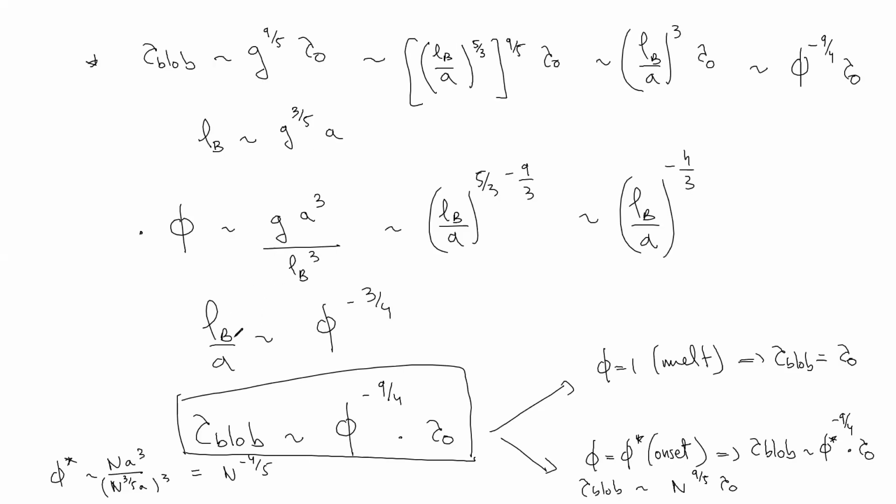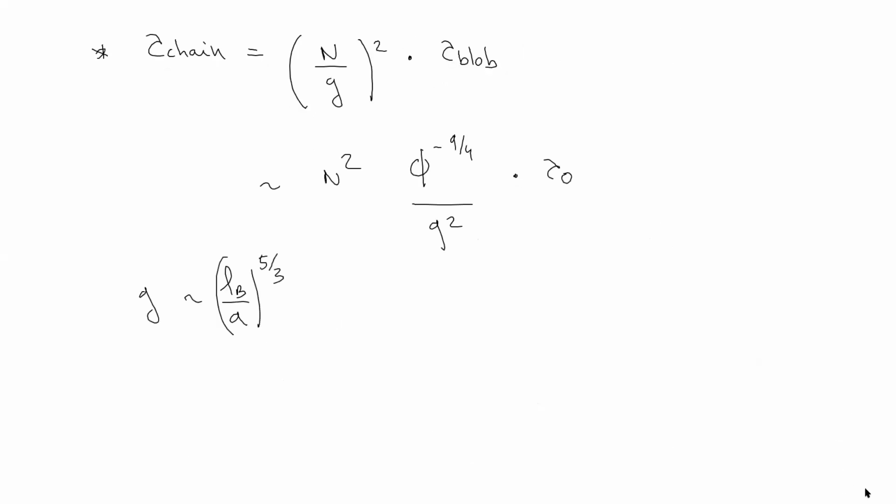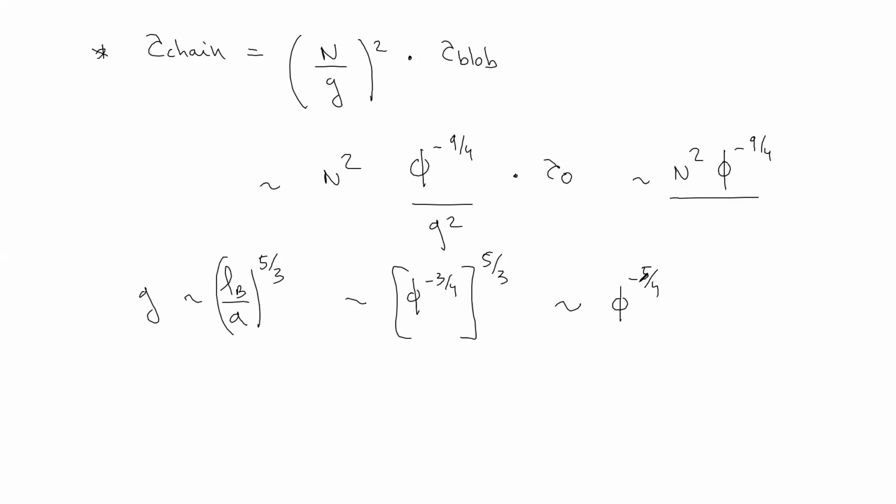And LB over A is phi minus 3/4. So G in terms of phi becomes minus 5/4. Okay, and thus tau chain is n squared, 5 minus 9/4 divided by 5 minus 10/4, times tau naught.